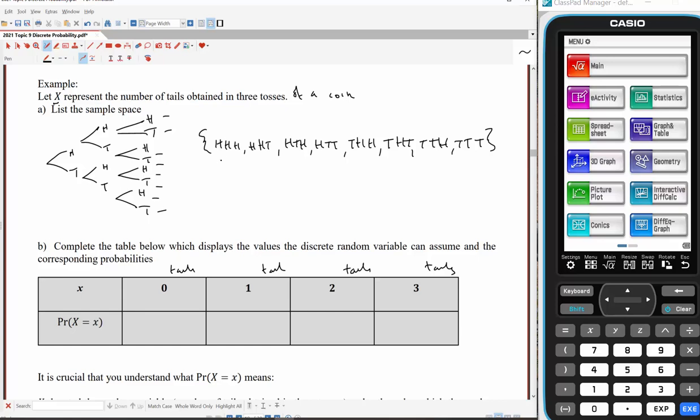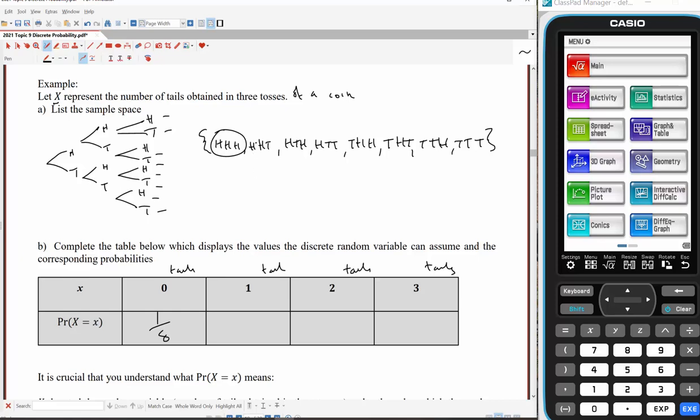It can't be any other values, because how can you get 4 tails if a coin is tossed only 3 times? How can you get -1 tails if a coin is tossed 3 times? So it's only 0, 1, 2, or 3. Right, let's work it out. So 0 tails is this one here. That's all heads. And there's a 1 in 8 chance of the random variable X taking on the value 0.